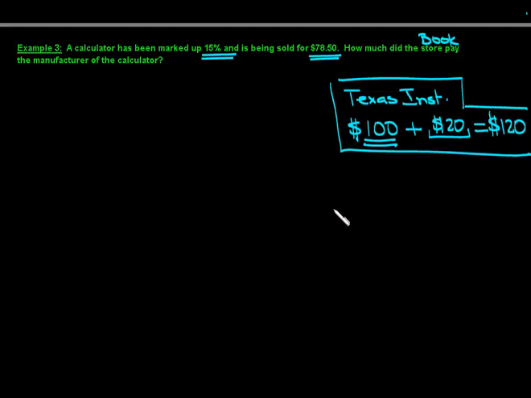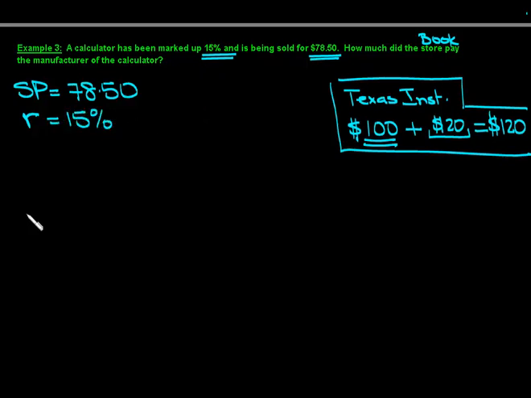First of all, they've told us the selling price of the calculator, I'll call it SP, is $78.50. That's given to us. The markup rate, I'll call that R. My markup rate is 15%.